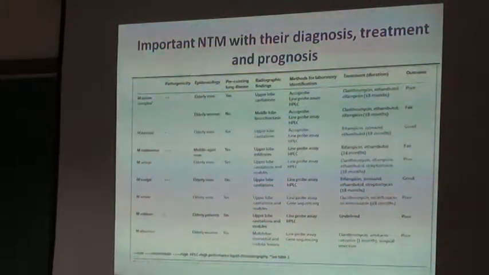For example, for Mycobacterium abscessus and Mycobacterium simiae, generally line probe assay along with gene sequencing is required. And the treatment protocol is the same. Everywhere it is about 18 months except in case of Mycobacterium abscessus where it is about 1 month along with surgical intervention. And the outcome is generally good in case of Mycobacterium kansasii, and for all other NTM species generally it is poor.